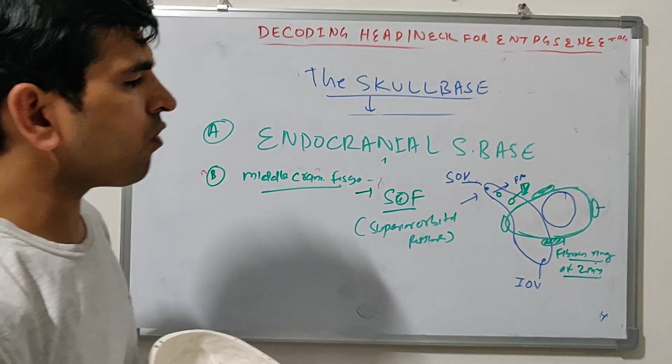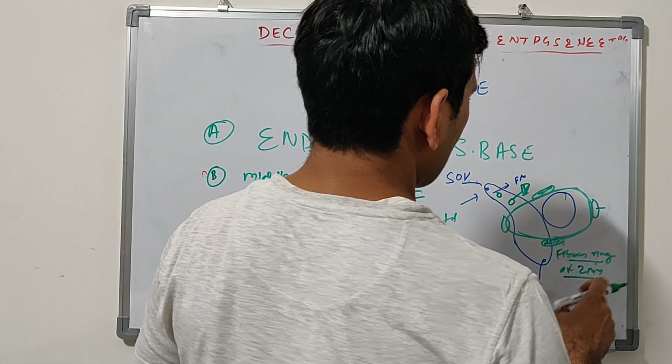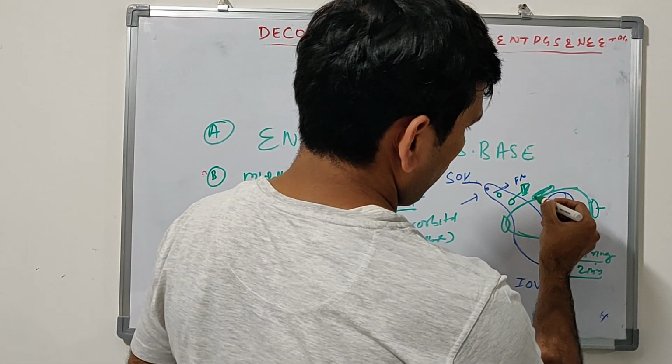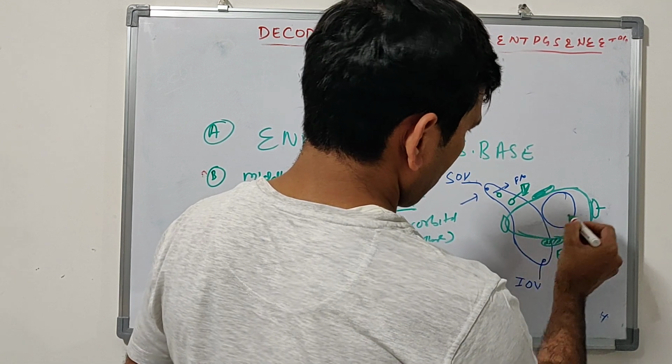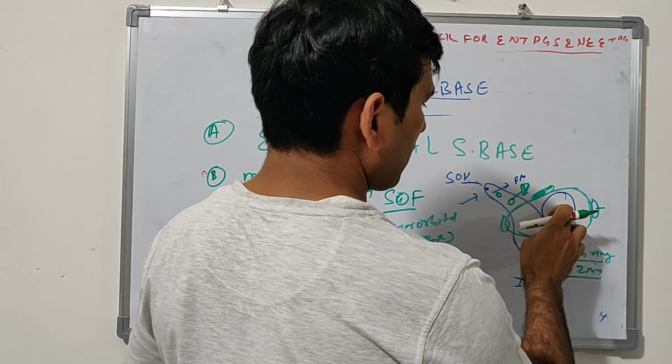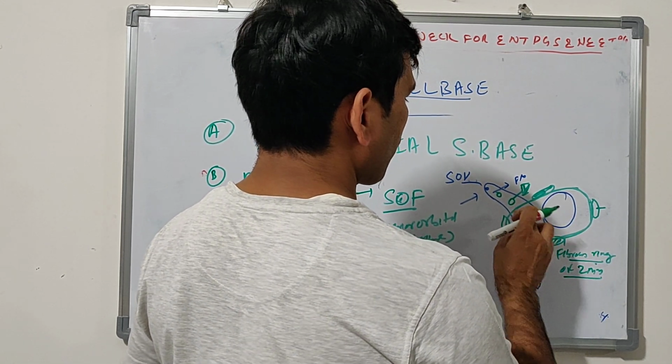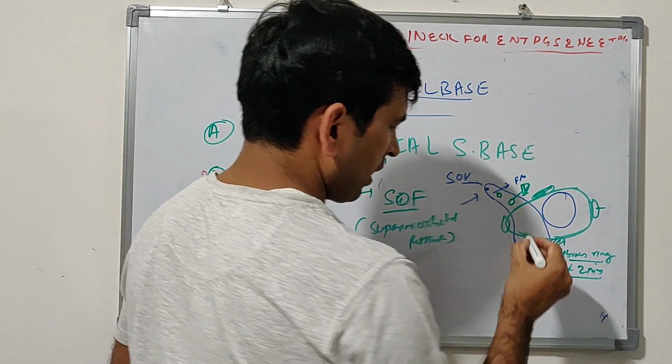This fibrous ring originates in between, covering both the optic canal and the middle part of the superior orbital fissure.